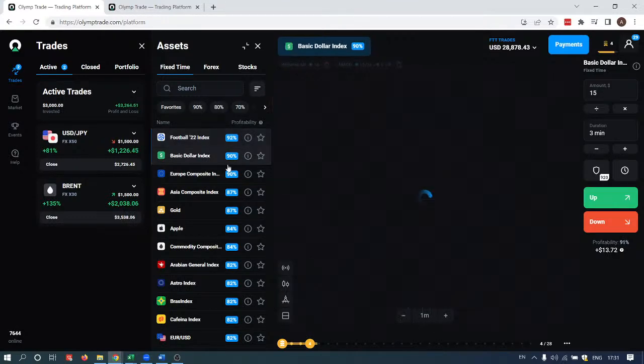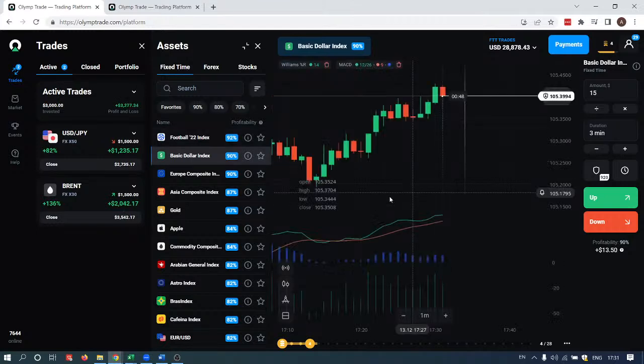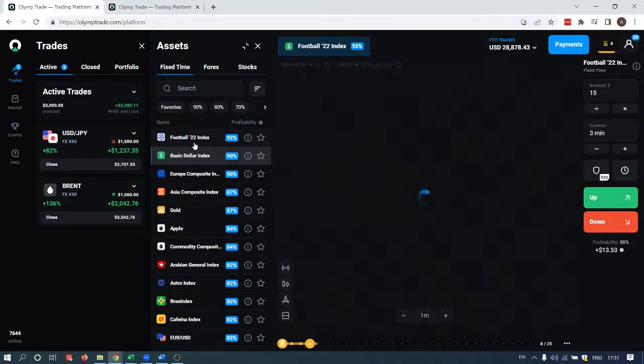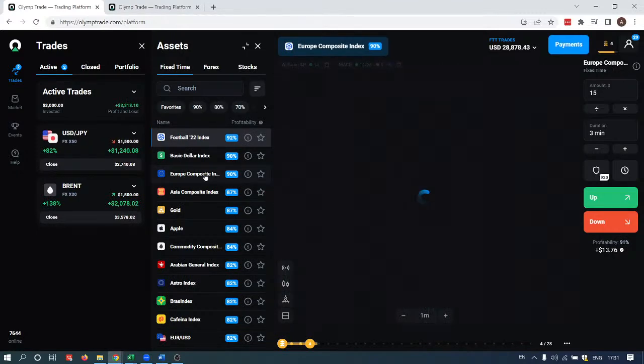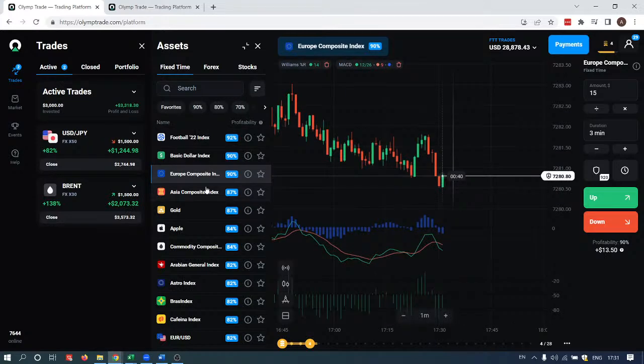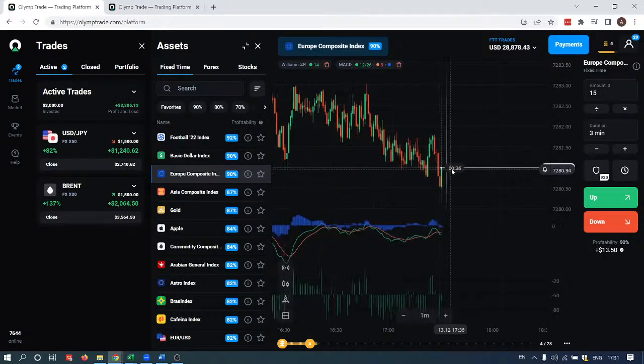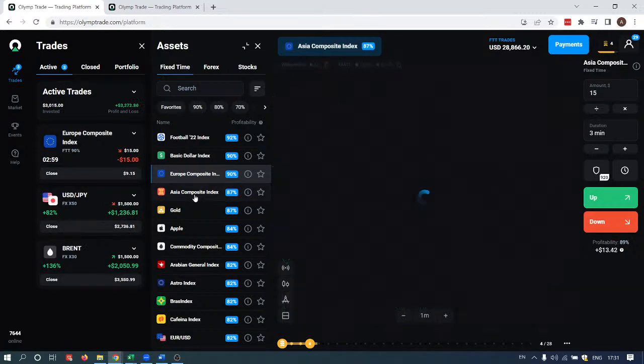Wow, that is interesting, guys. So football index is there, Europe Composite Index. What I plan to do now is open a few more trades.